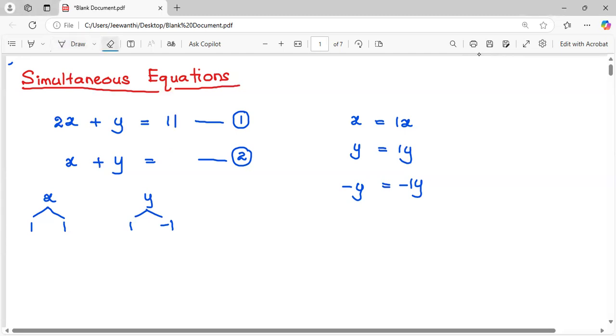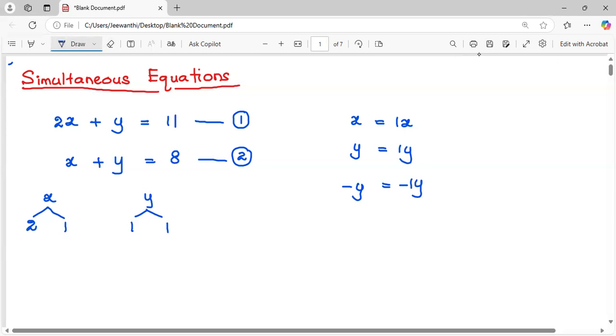And this one I will change to 8, so this will be 8. Now we'll see what coefficients we have. I just want to change it because there is something to explain. So for x we have 2 and 1, and here we have 1 and 1. When you have something like this, now we want to eliminate one of the variables.